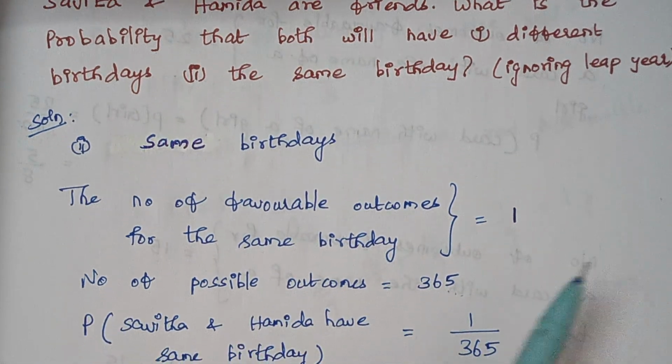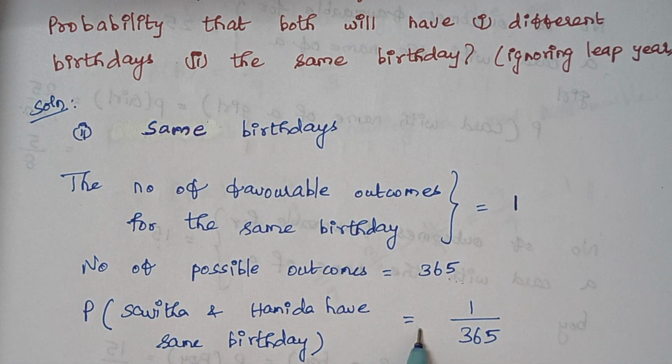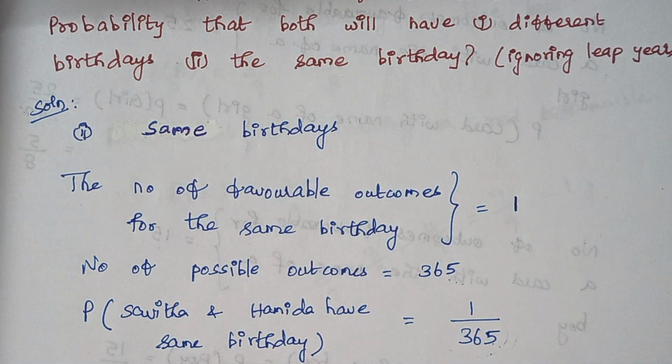So what is the probability that Savita and Hamida have the same birthday? Obviously it is 1 by 365. Here 365 stands for the number of possible outcomes and 1 stands for both the girls celebrating on the same day. Right. Now we will gradually move to the first part, when they have different birthdays.